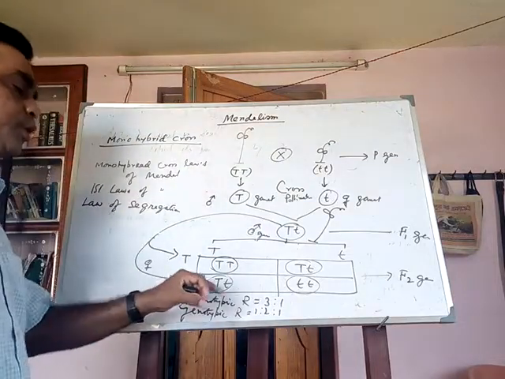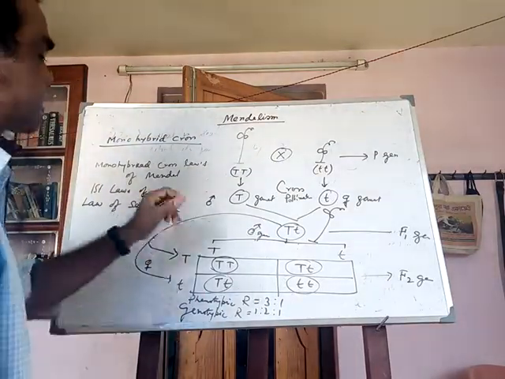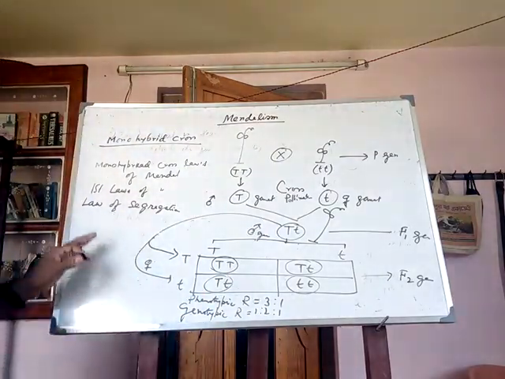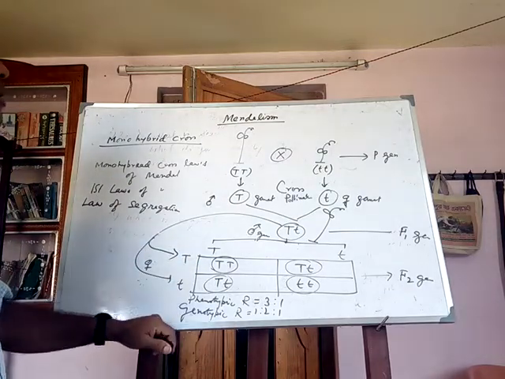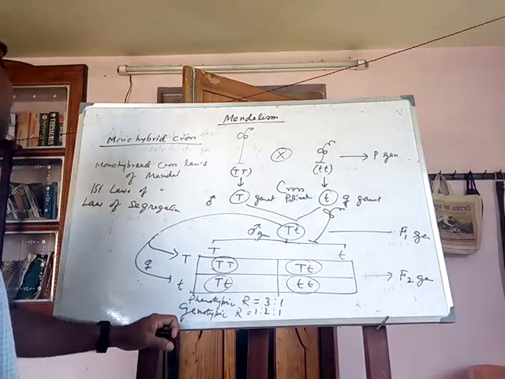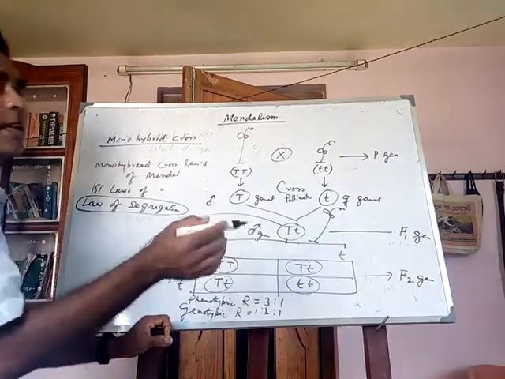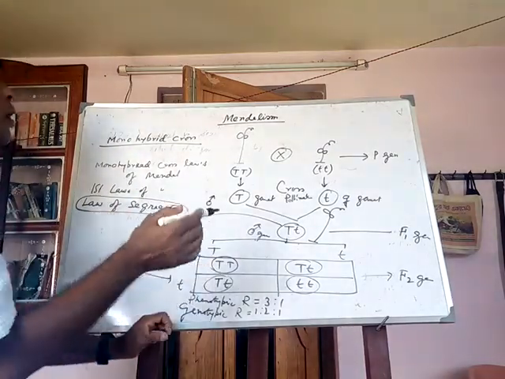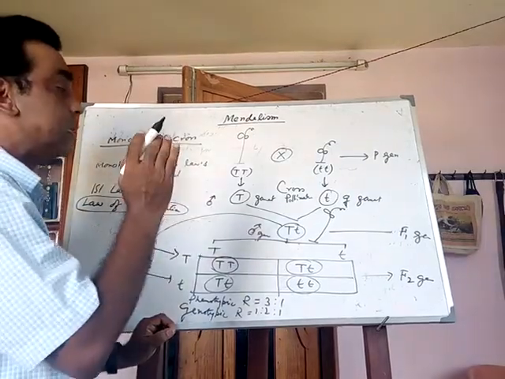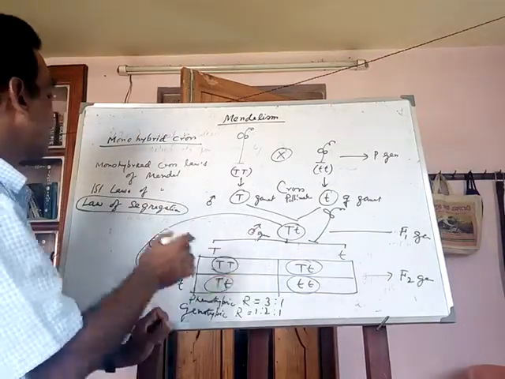That is the phenotypic and genotypic ratio of this experiment of Mendel, and this experiment depends on the law of segregation, and the conclusion of this experiment is called the law of segregation.